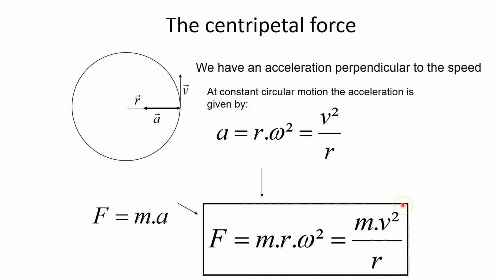It's not like there's a magical force somewhere at work to keep my cork on the circular path. In this case, it's the tension which I exert with the string, because it's the only force at that moment on the cork, which gives its circular motion. So it's the tension in the string which gives the force I need, which is the centripetal force, my net force.